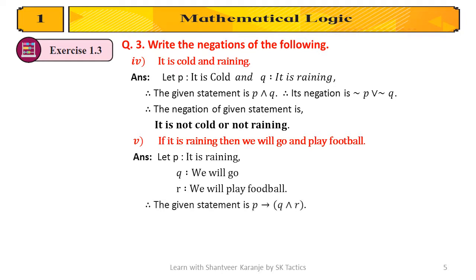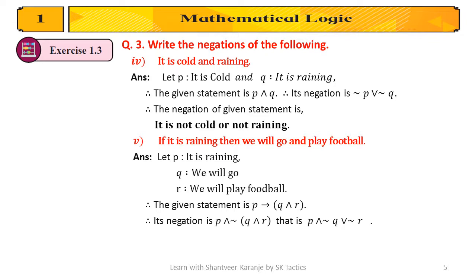So the statement pattern is P implies Q and R. Its negation is given by P and negation of (Q and R).